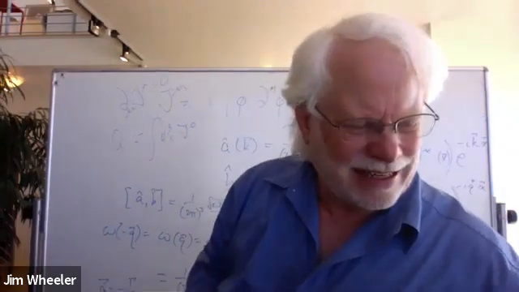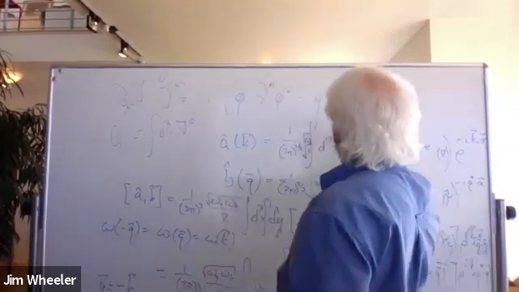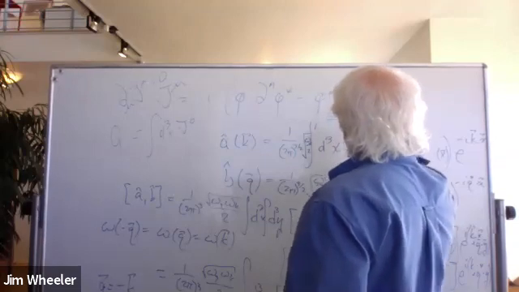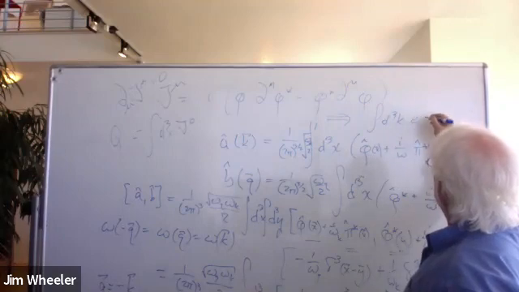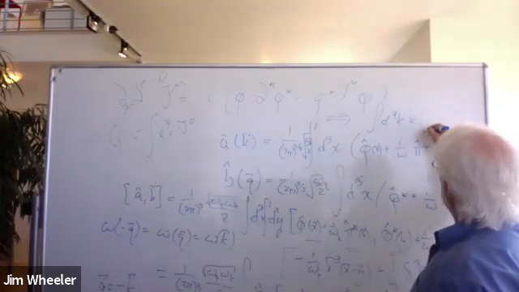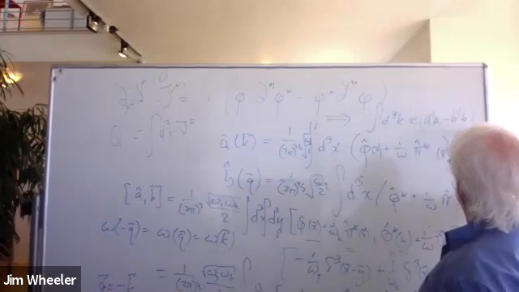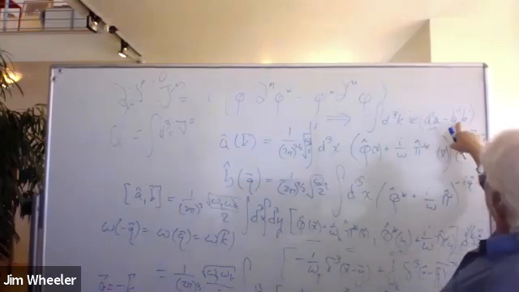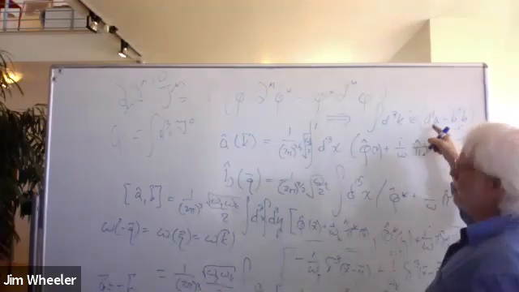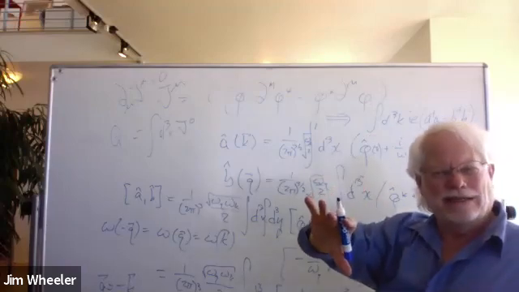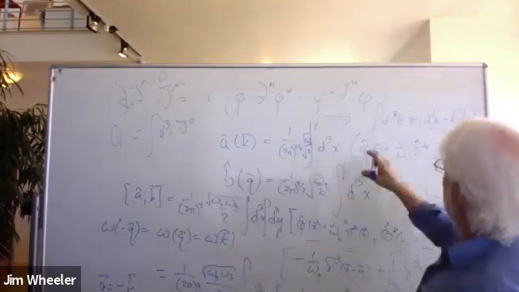And it's written there so you can read through it, but it turns out to be the integral d3k. You've got some basic charge here, but you get an a dagger a minus b dagger b. And you see from this that these are number operators. You have a number operator for each wave vector k, and you sum over all those.